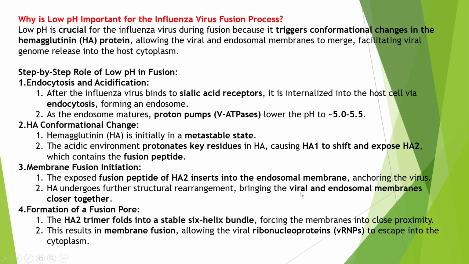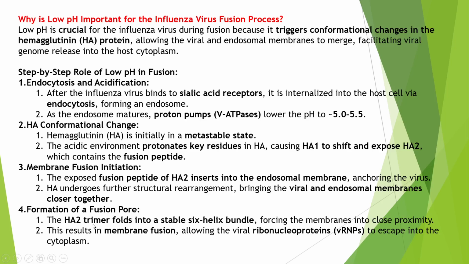This brings the viral and the endosomal membranes closer together. Then formation of a fusion pore occurs. Once the virus and the endosome are attached and close to each other, with the virus anchored on it, it creates a fusion pore.